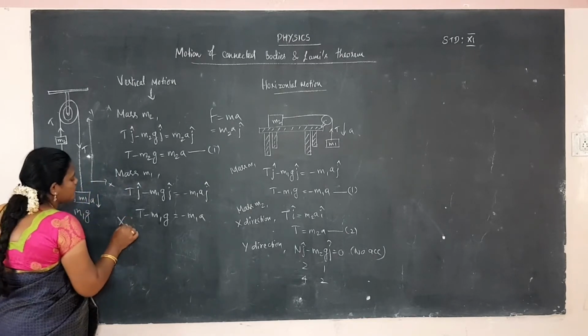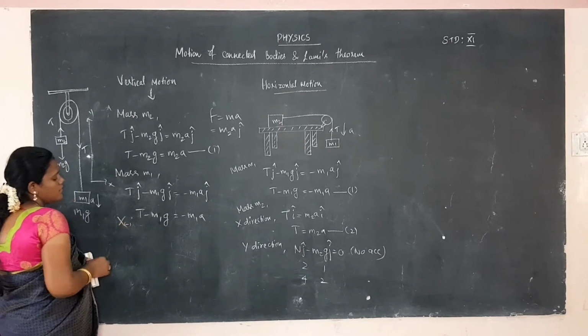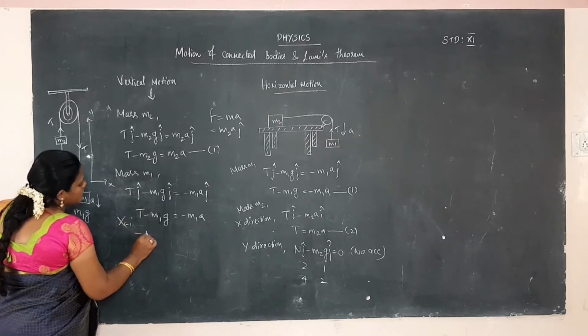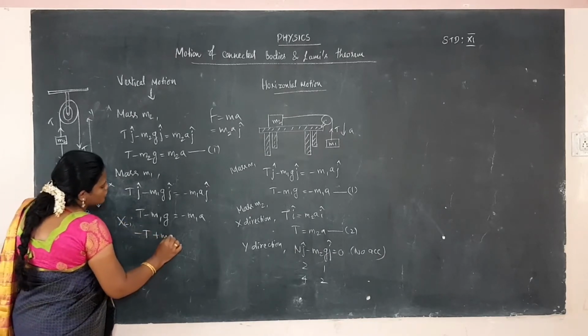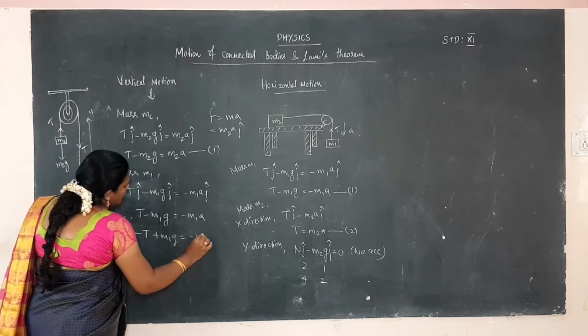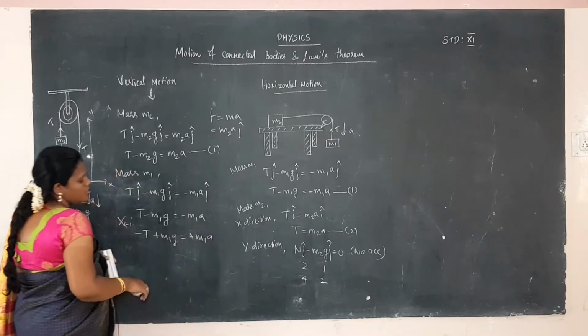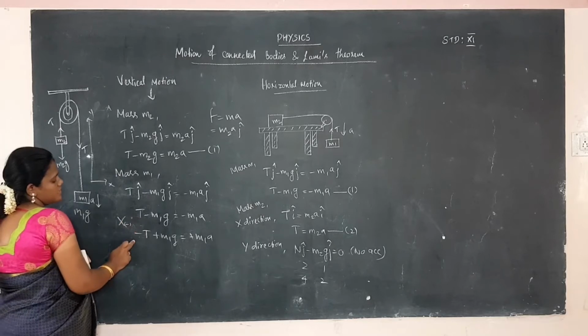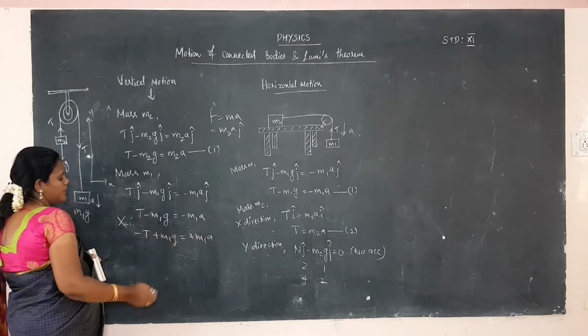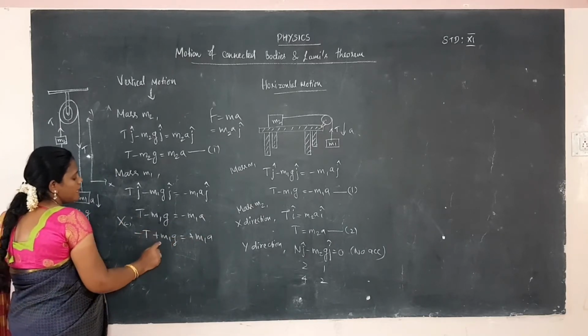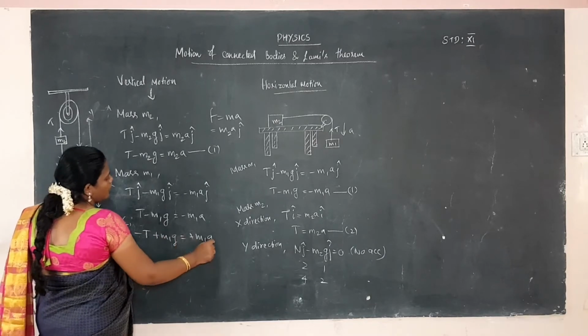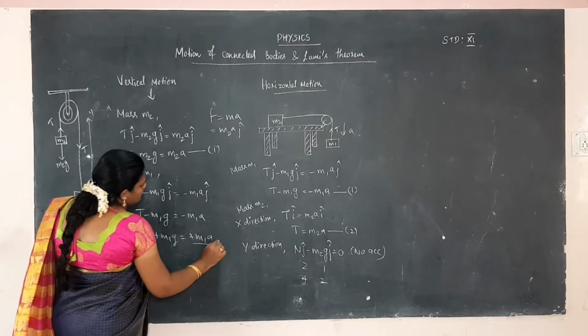So multiplying with the minus sign, minus T plus m1g is equal to plus m1a. This is equation 2.